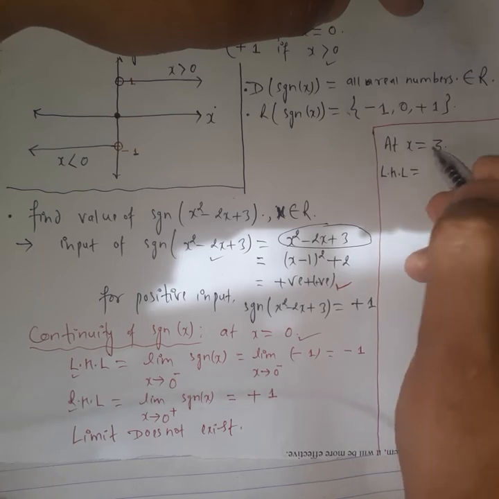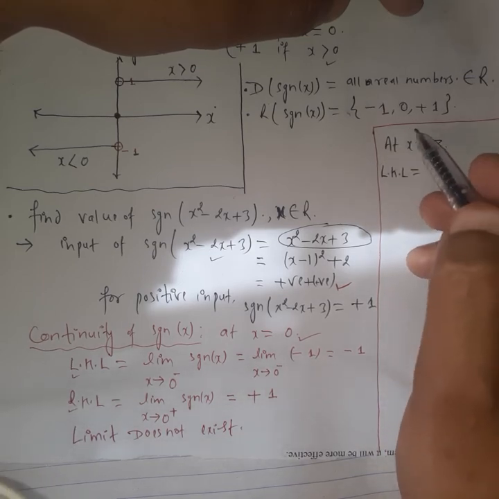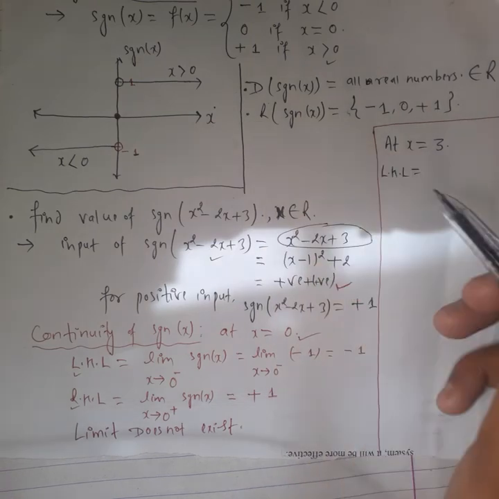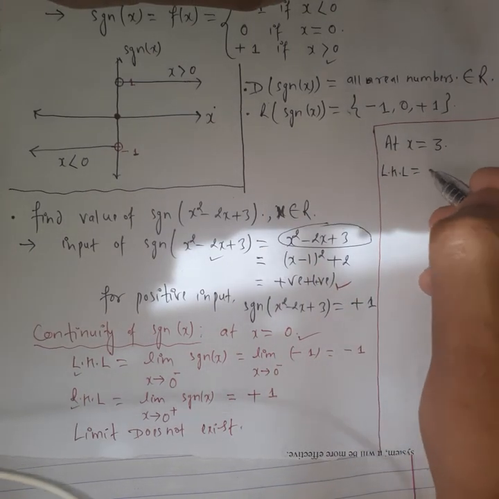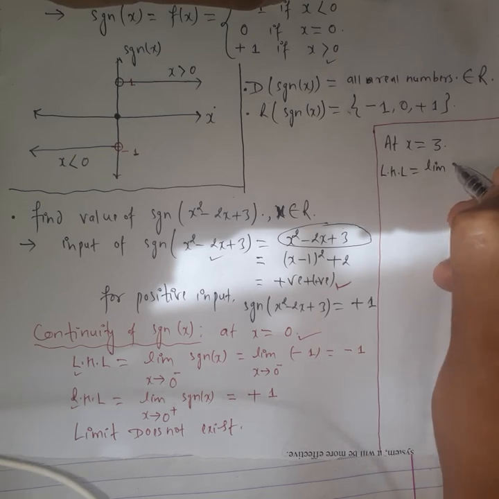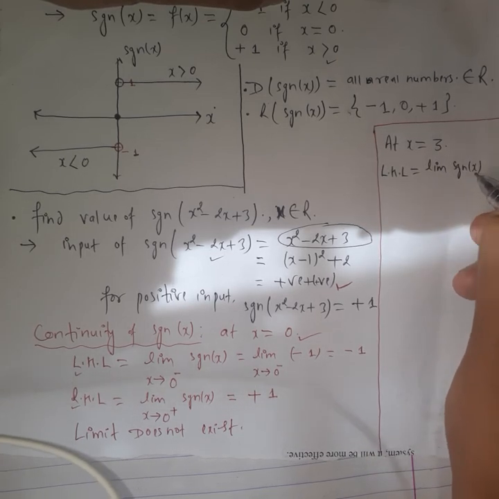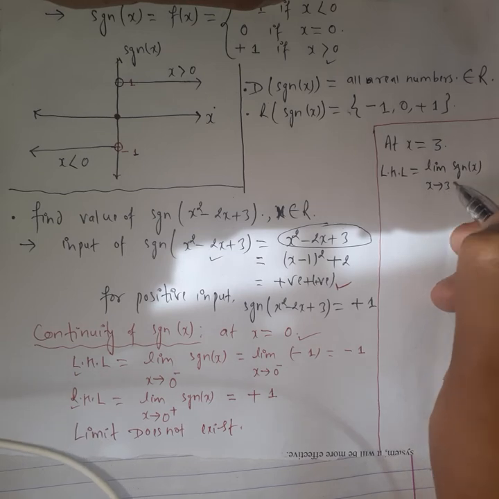I am going to check whether the signum function is continuous or not at x equals 3. Let's calculate the left hand limit. It is just the limit of the signum function when we approach 3 from the left hand side.